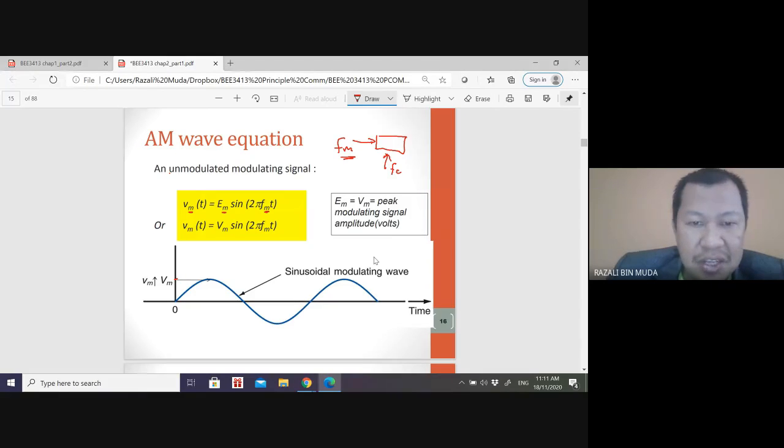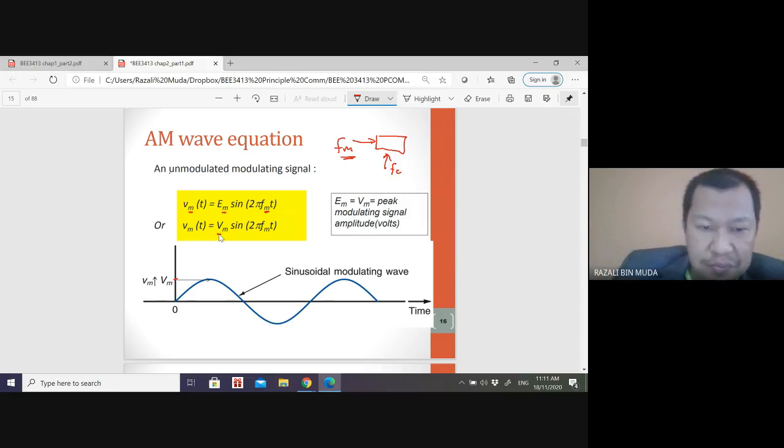Okay, so we can write it in form of EM or VM, same. So this value, amplitude, sin 2 pi FM. So FM is the frequency of this signal. Frequency, small, low frequency. So EM equal to VM is the peak modulating signal amplitude, the peak value. Okay, V peak. Or we call it the amplitude, right?